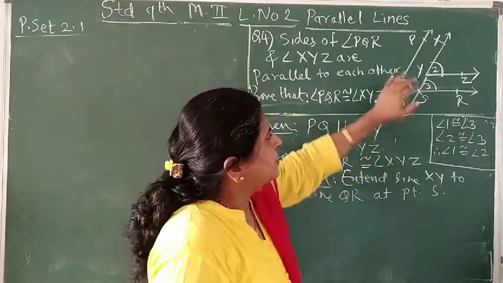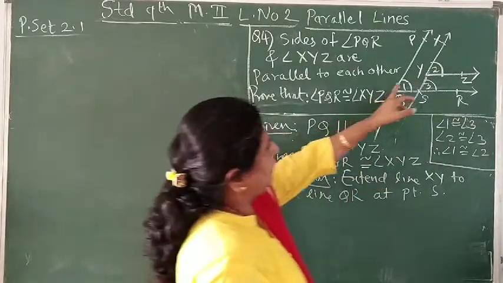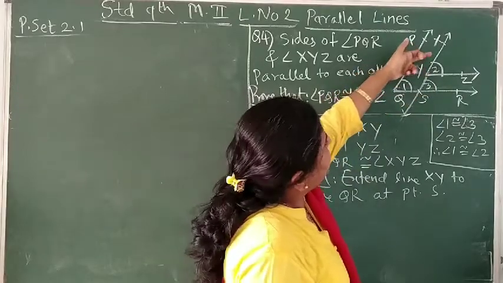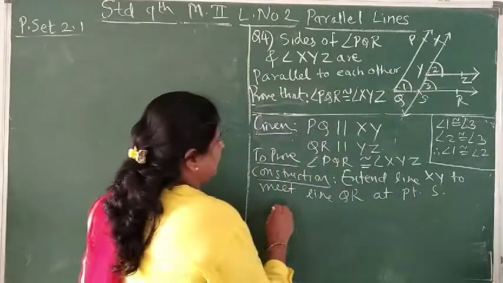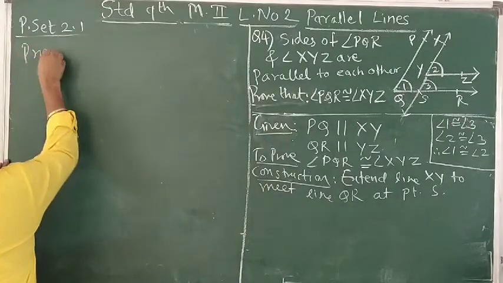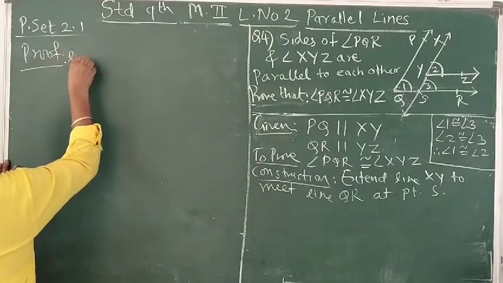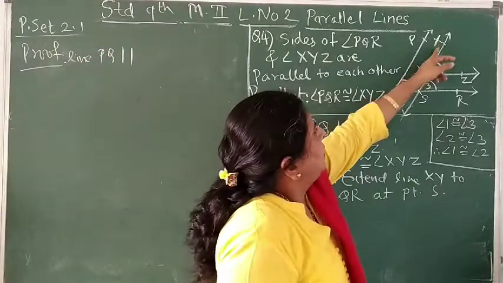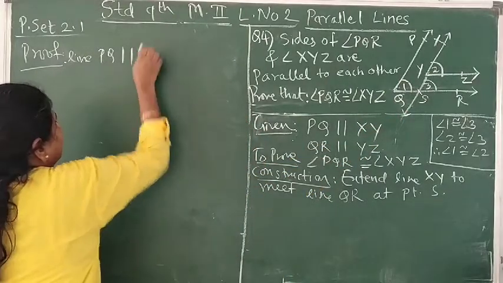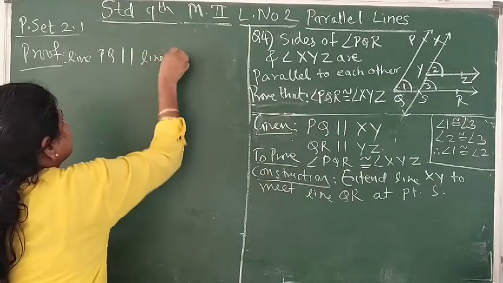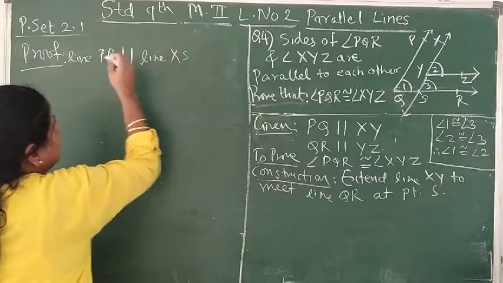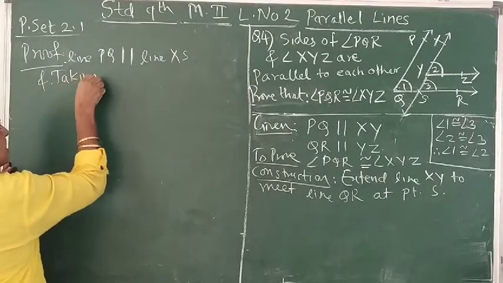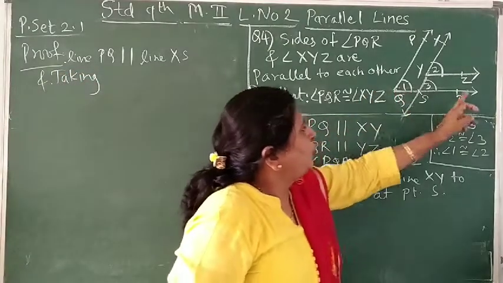So this is the rough work. Let's write this properly now. To show angles 1 and 3 are congruent by corresponding angles, we have to say line PQ is parallel to line XS. So we continue the proof part. Line PQ is parallel to line XS, from given and construction.